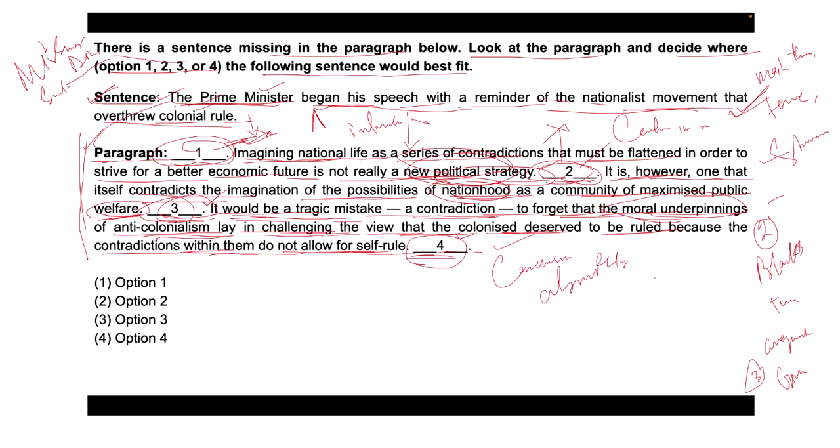So hence we can say the given sentence best fits in blank 3, which is nothing but option 3. It provides important historical context that reinforces the argument about the moral foundation of anti-colonialism discussed in the section of the paragraph. So we can say the correct answer should be option 3.